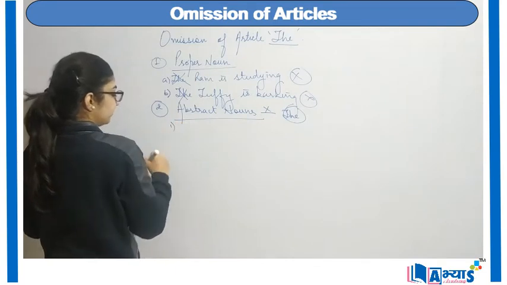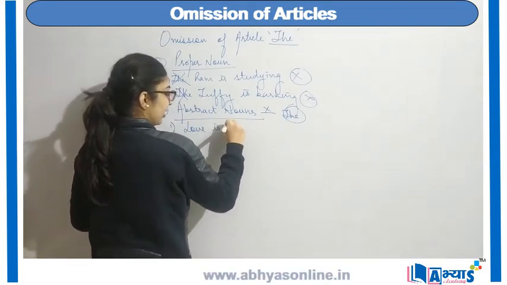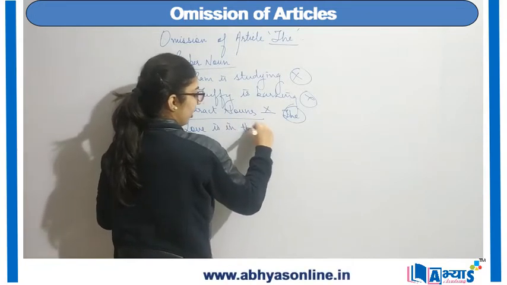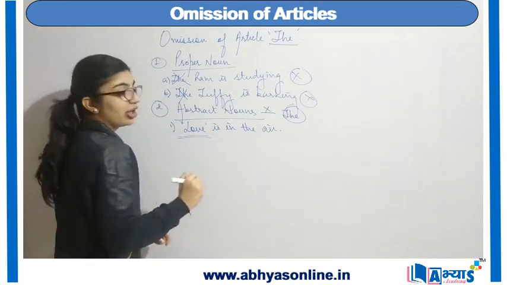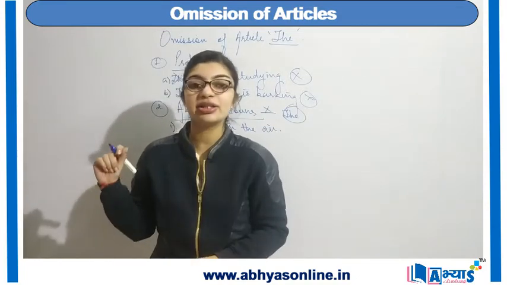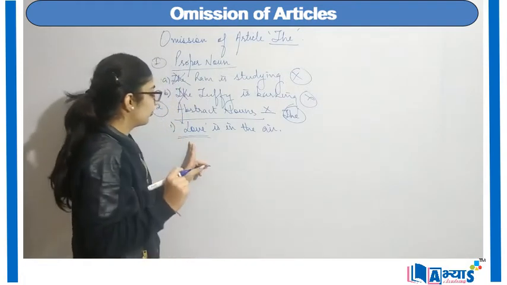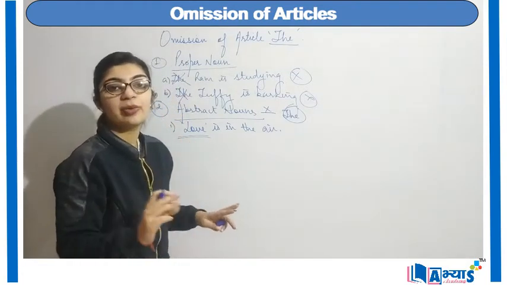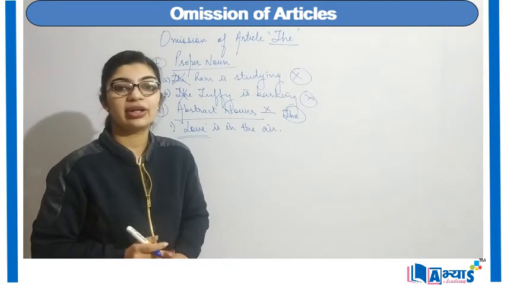An example can be "love is in the air." Whenever we are using love, as in "a child needs mother's love," with love, we will never use the article the or a or an.